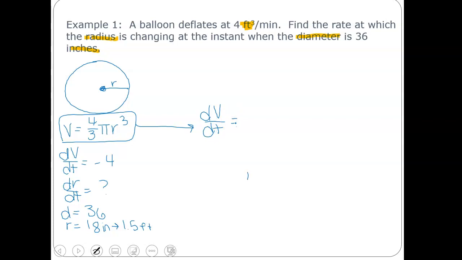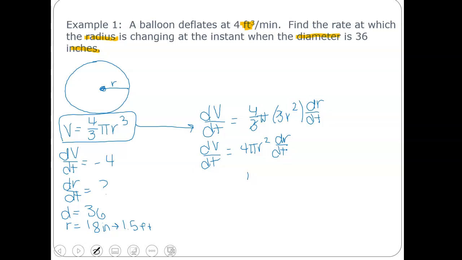So dV/dt equals 4/3 pi times 3r squared dr/dt. Cleaning that up, you get dV/dt equals 4 pi r squared dr/dt. We know we're looking for dr/dt, so we're going to plug in everything we know.